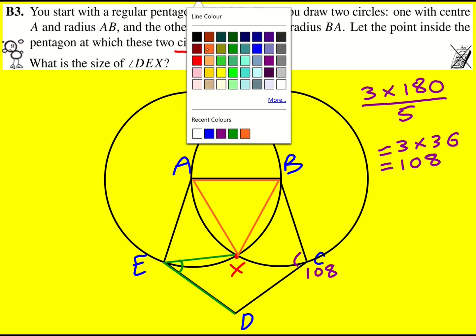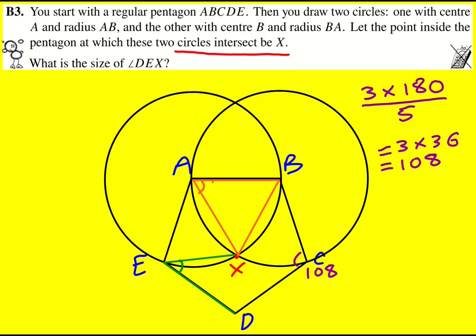So I can now label these angles 60 degrees. Write this down as some working, equilateral triangle and so on, as you go for this problem as well. I'm just explaining it verbally. And we're well on our way now because I can now find this angle. It's going to be 108 minus 60. It's going to be 48.